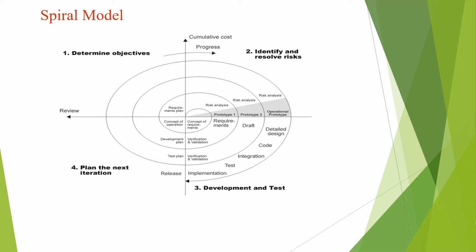The spiral model, originally proposed by Barry Boehm, is an evolutionary software process model that couples the iterative nature of prototyping with the controlled and systematic aspect of the waterfall model. It provides the potential for rapid development of increasingly more complex versions of the software.